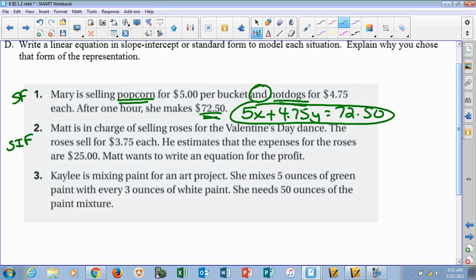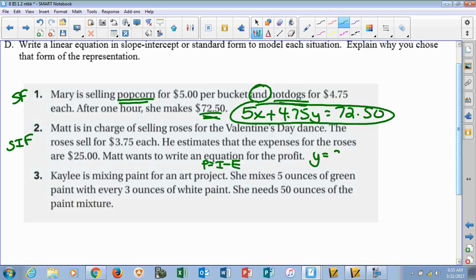So if we have y being our profit, instead of P, and our income, and we're trying to model it to this, right? But instead now, our P will be our Y and our I will be our X. Well, if he makes $3.75, he's selling them for $3.75, right?